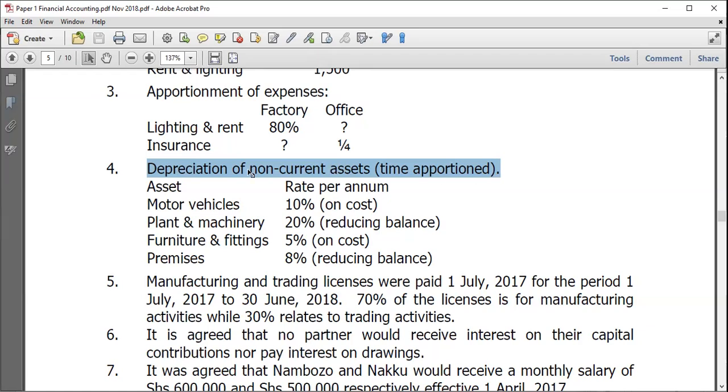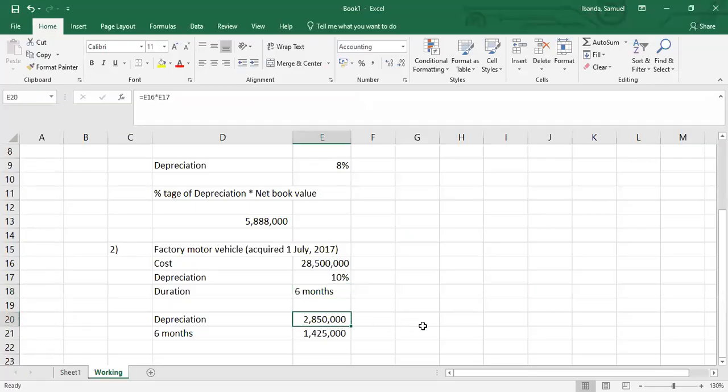Sometimes the examiner may give you a policy, telling you that the company depreciates its assets in full in the year of purchase and none in the year of disposal. In that case, I would have directly taken this depreciation of 2,850. But since this is time apportioned, I have to multiply it by only the 6 months that this asset was in place. So that's why I've done this.